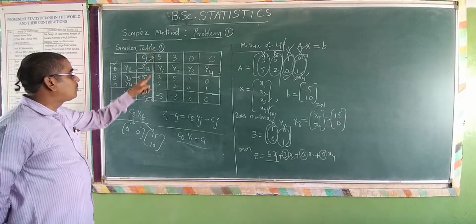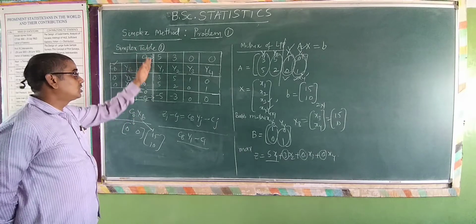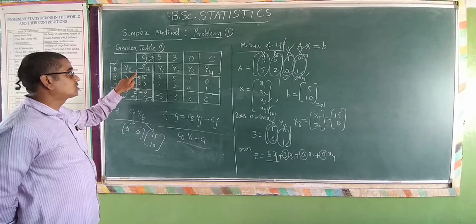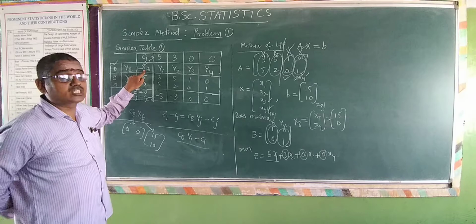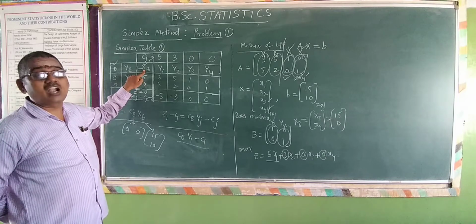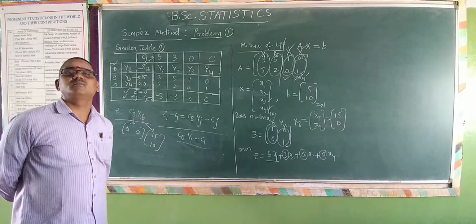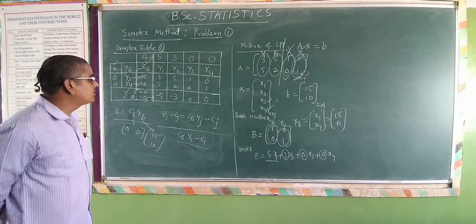Therefore I have drawn a double line here. Please remember, don't mix with x. The matrix starts here, and we should not exclude XB; XB also has to be included. So this is simplex table 1.